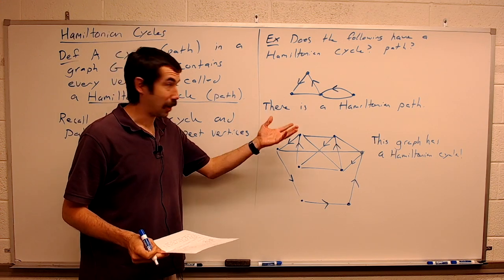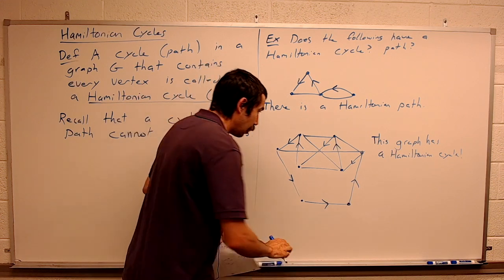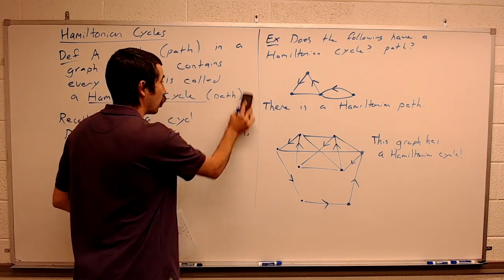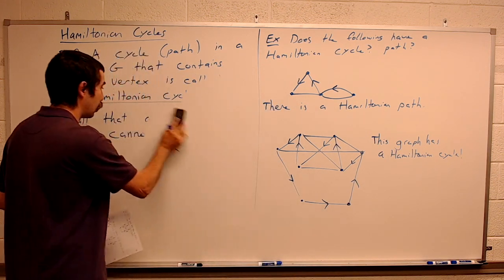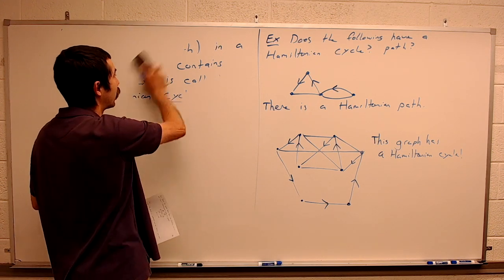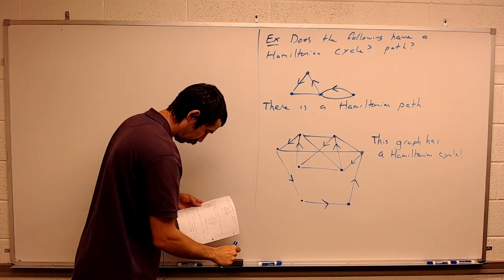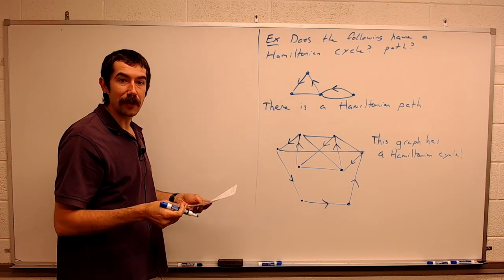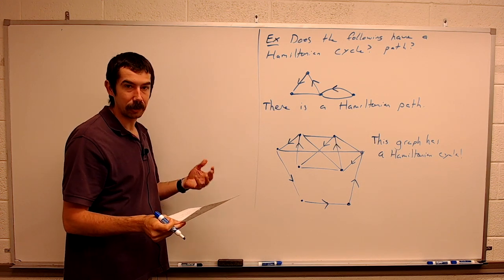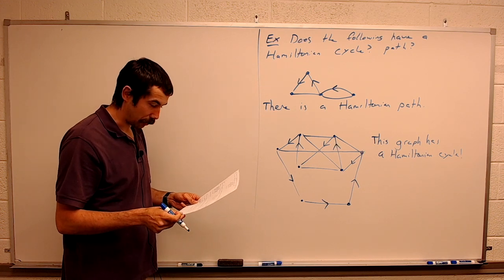All right, so as we see, some graphs don't, some graphs do. We're not going to have a theorem that is as clean as the theorem that told us about Eulerian circuits and Eulerian trails. But we can state a few necessary conditions to ensure that a Hamiltonian cycle is possible.